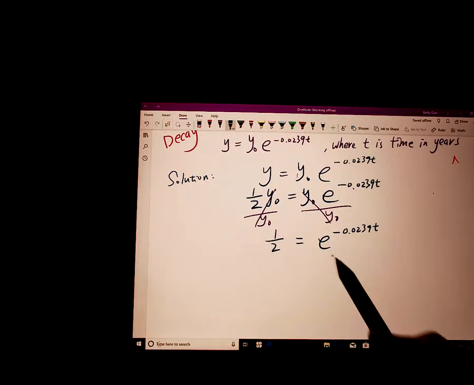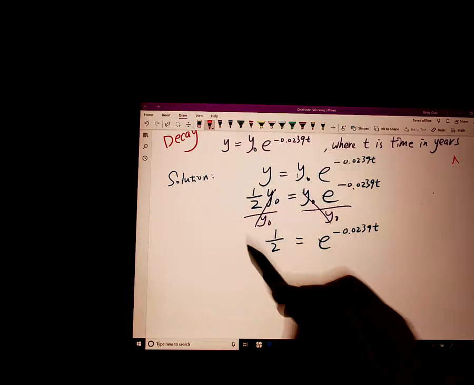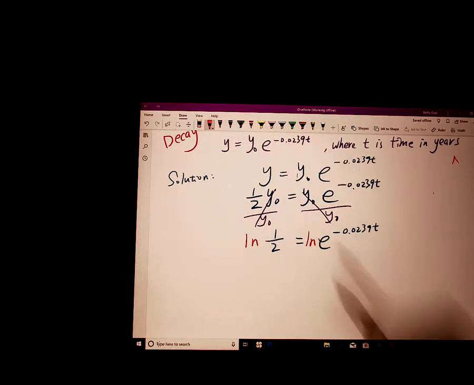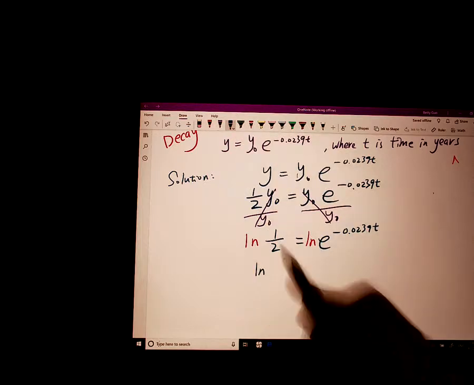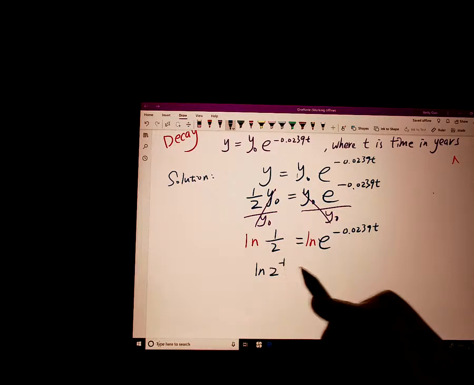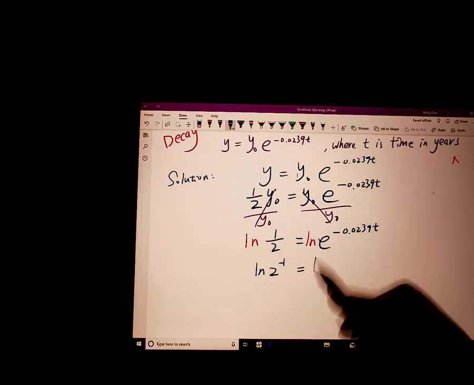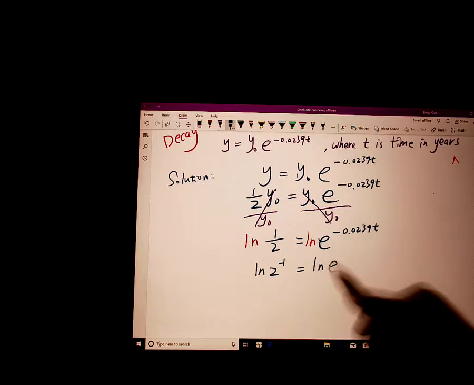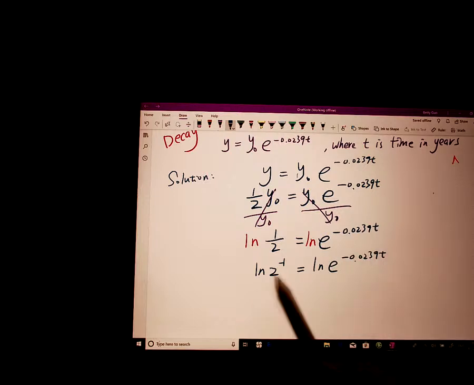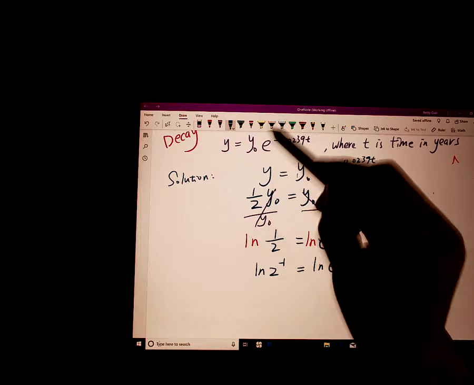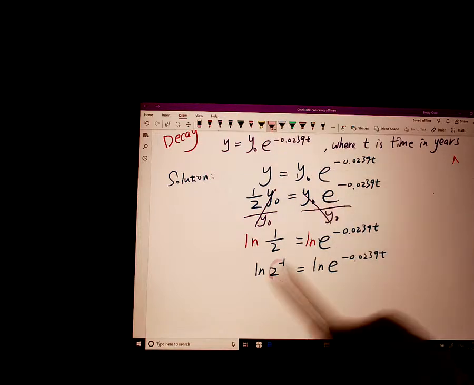How do we solve it? We apply the same way. Apply ln on both sides. And this time on the left, I'm going to write half as 2 to the power of negative 1. On the right-hand side, we have ln e to the negative 0.0239 t. On the left, the argument of the logarithm is 2 to the power of negative 1.